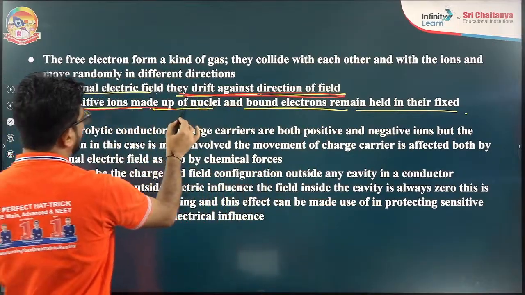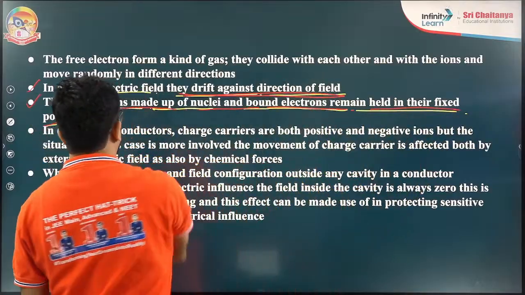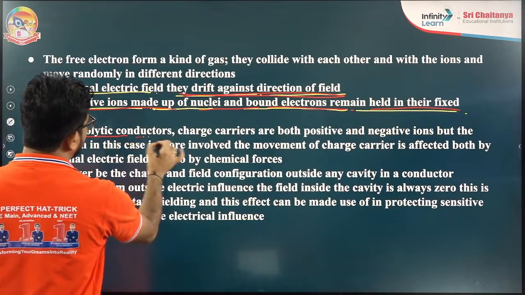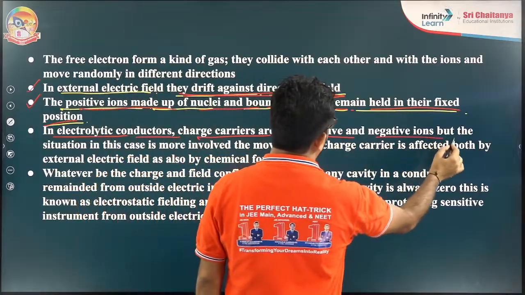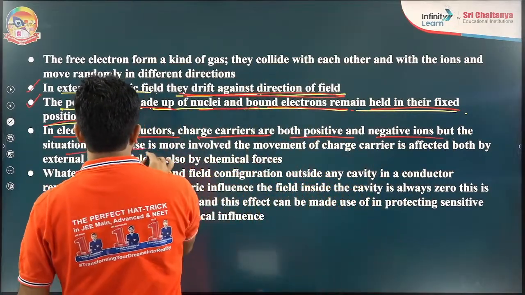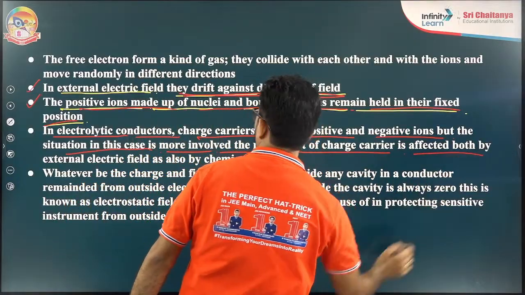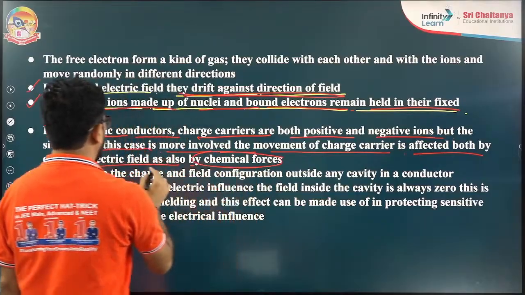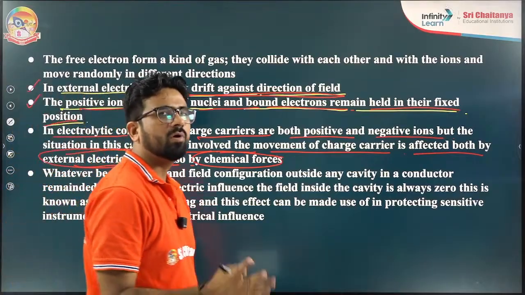Second, the positive ion made up of the nucleus and bound electrons remains fixed in its position; that is not going to change. Good. Next, in electrolytic conductors, the charge carriers are both positive and negative ions, but in this case the movement of charge carriers is more involved, affected by both the external field and chemical forces. We will learn it in the battery.